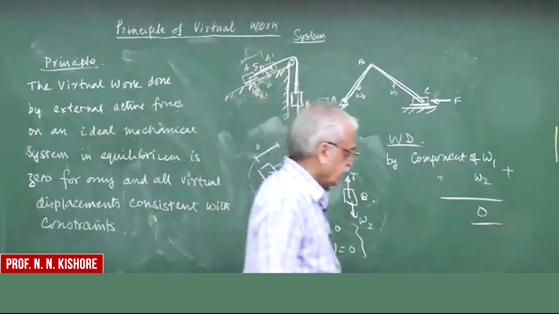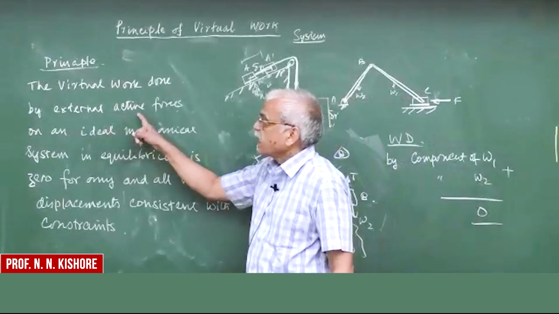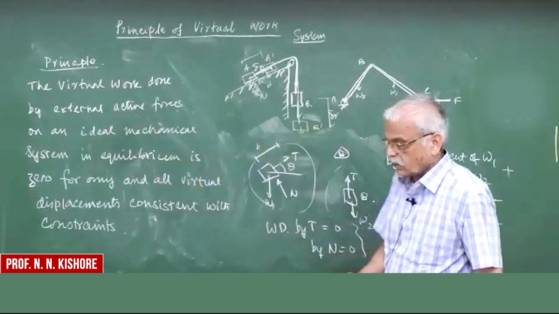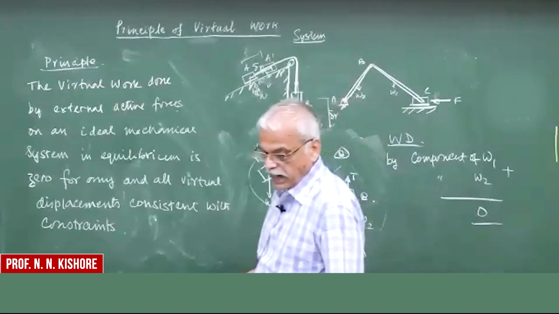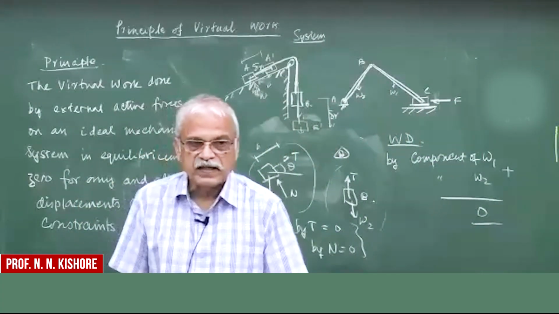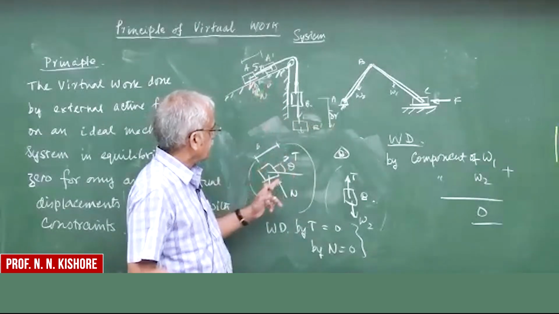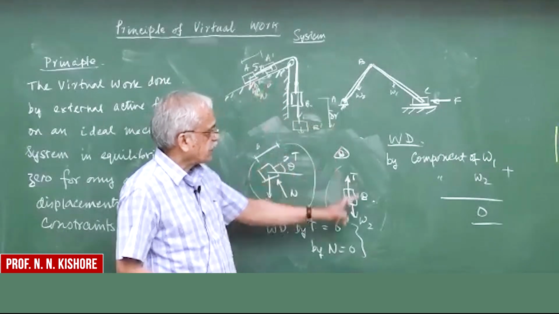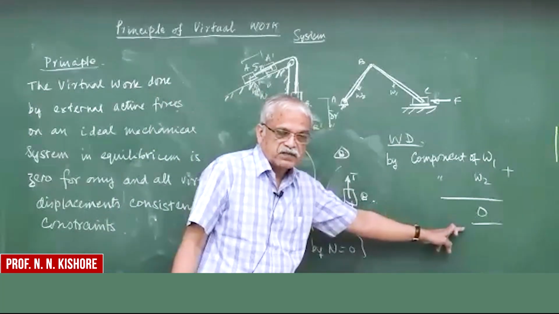Okay, there is also another term here, the active forces. What we mean is the work contributed by the forces here. The active forces here are only the component of W1 and the component of W2, because these are the only ones actively contributing to the work.